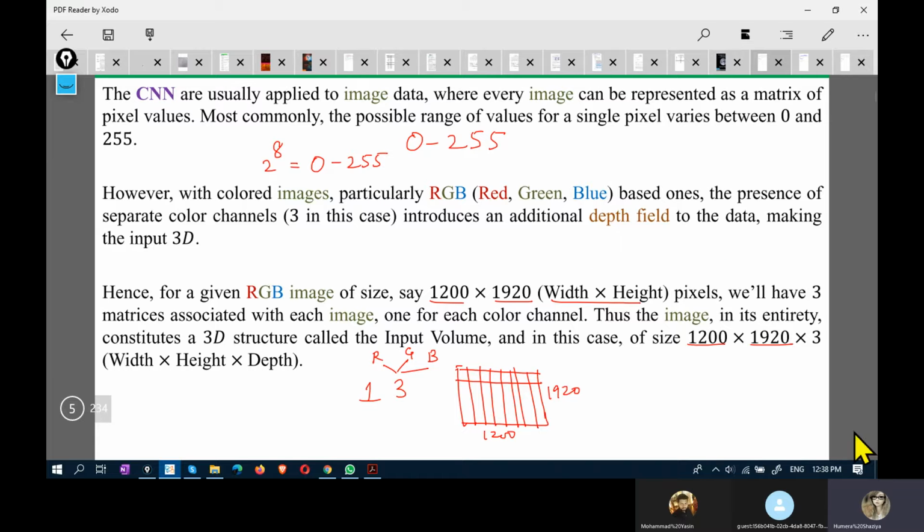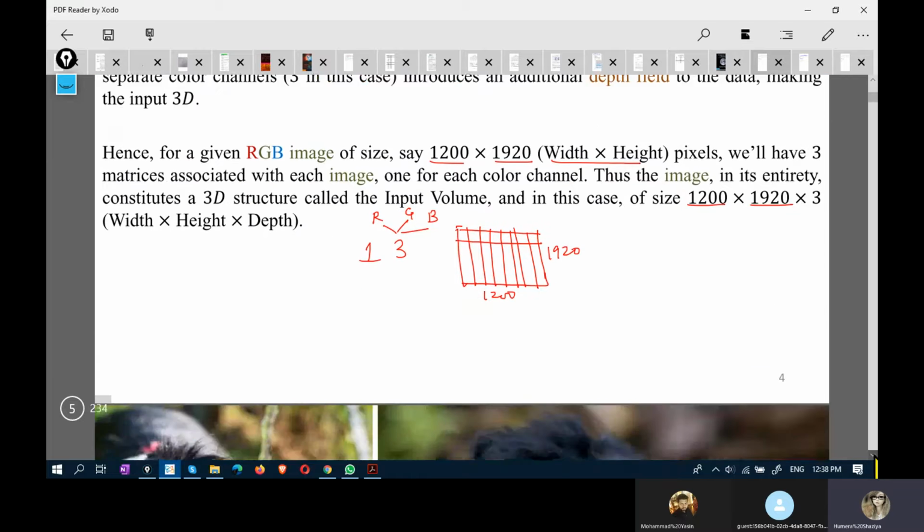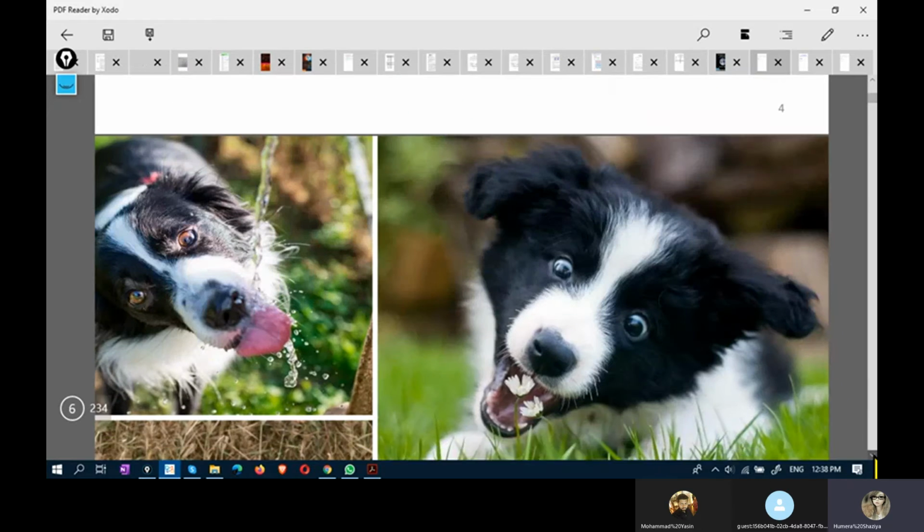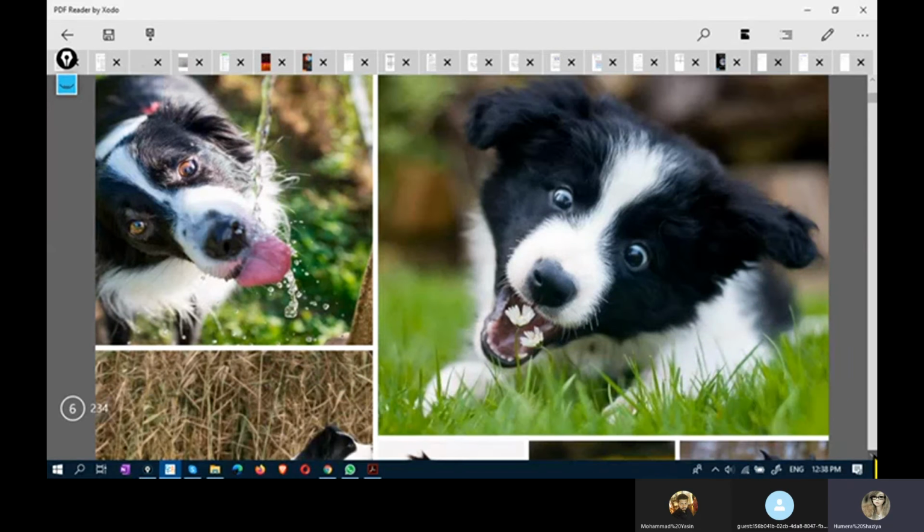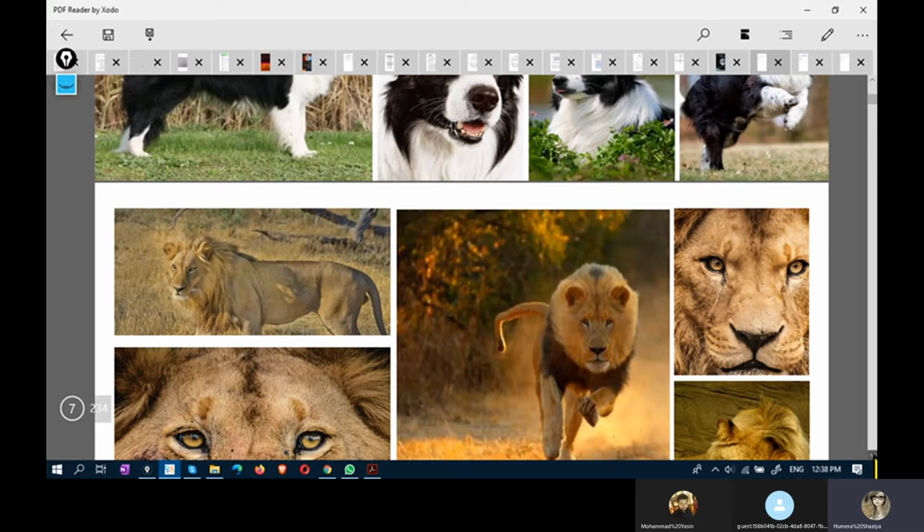So this is about images. These are all images. Look at these images. To operate on these images, CNNs have been designed.